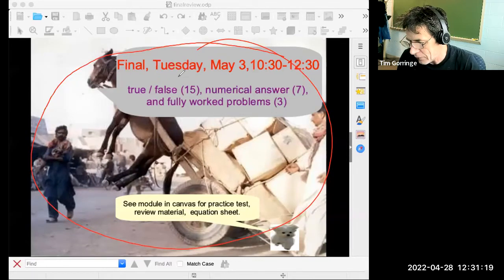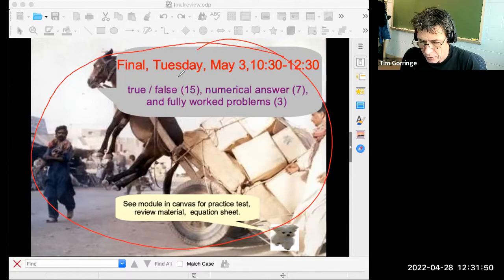So that's a 50% larger exam than either test 1 or test 2, but the same format as test 1 and test 2. The other thing I wanted to say is that in this review, I'm going to go through a number of review slides that include the material, try and cover the material from the semester, and some examples of problems from the semester.